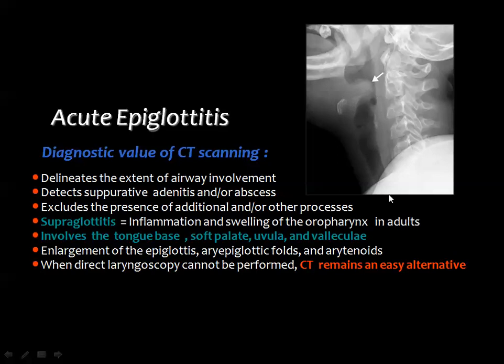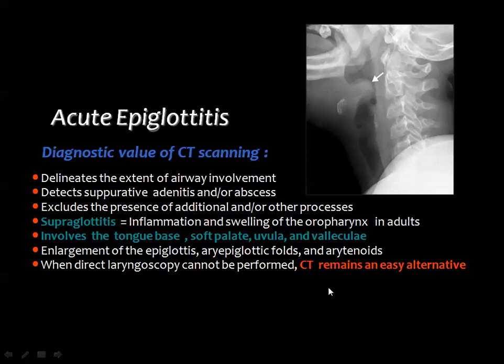Sometimes you need the help of CT to detect the extent of airway compromise, to detect the presence of abscesses or inflammatory lymphadenopathy, to exclude other inflammatory lesions associated with this process, and to look in the supraglottic area, at the tongue base, the soft palate, and the valleculae, to see if the infection has spread to these areas.